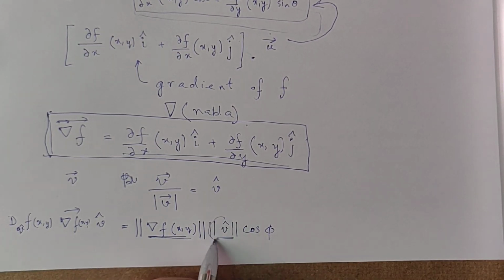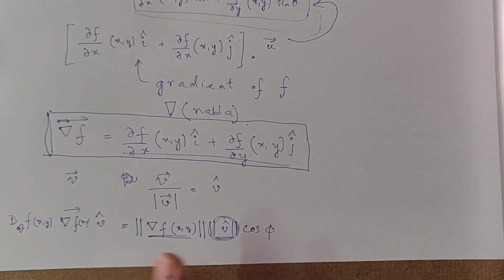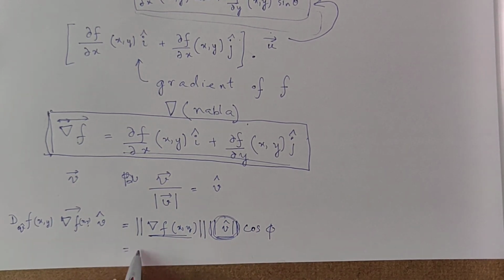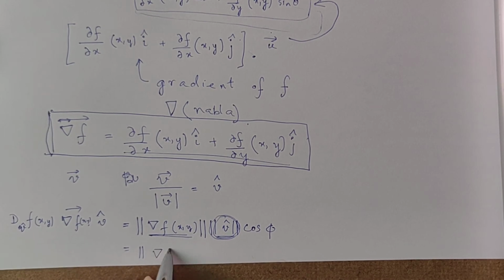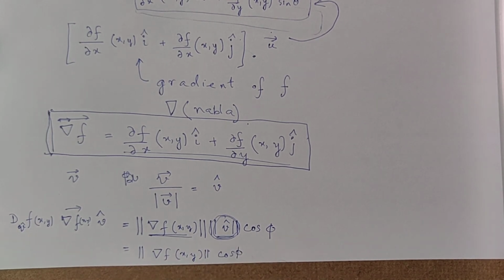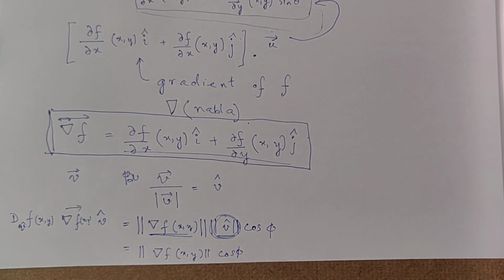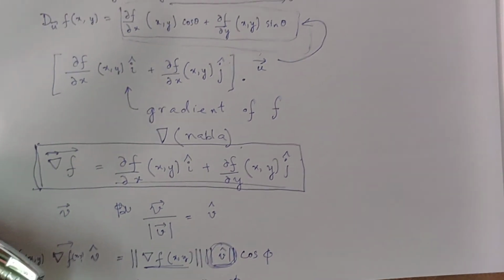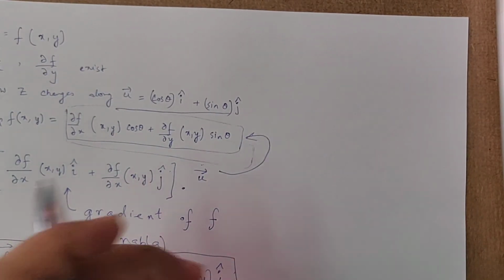What is the magnitude of the unit vector? 1. So this goes off. It simply becomes this, right? What is the range of cos theta values?